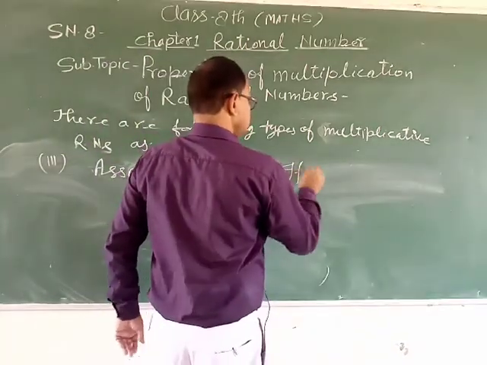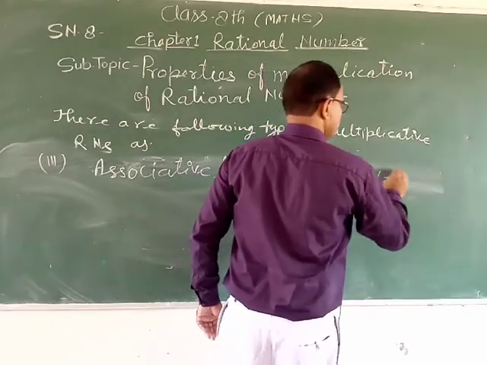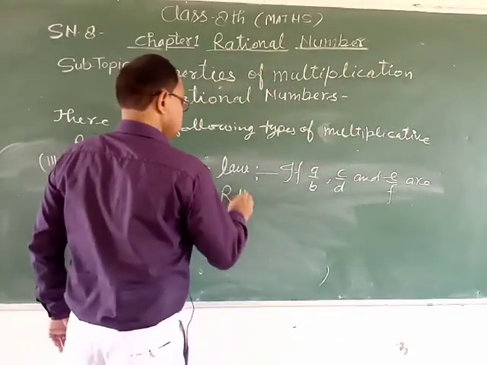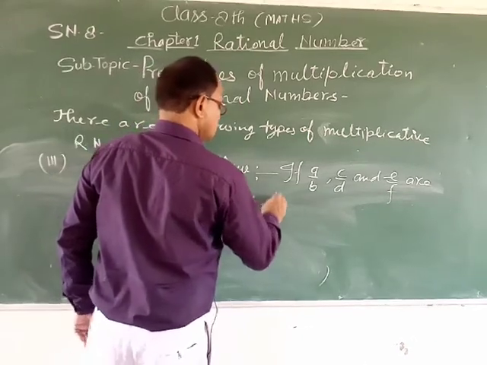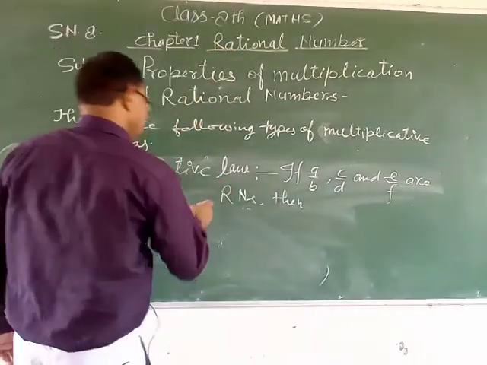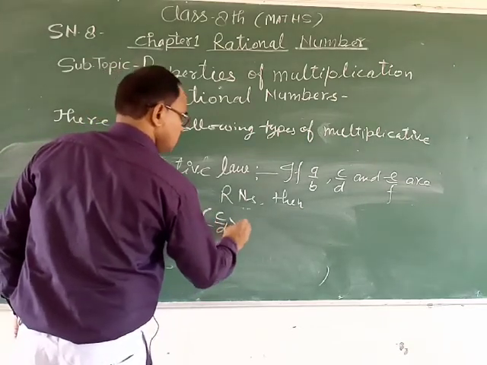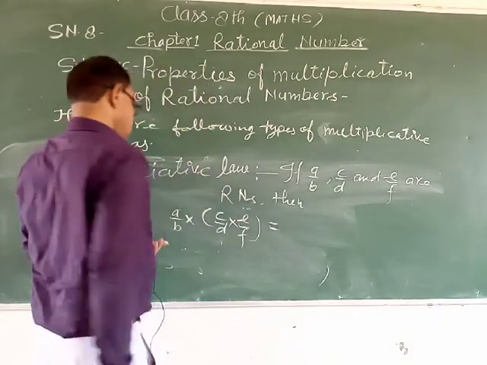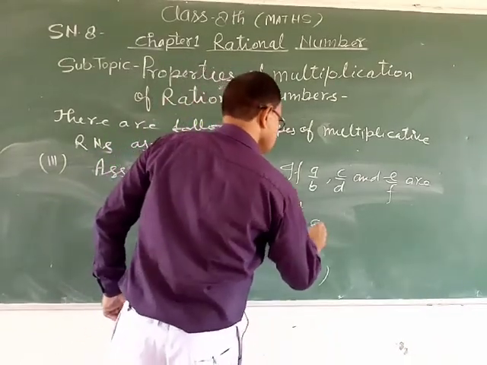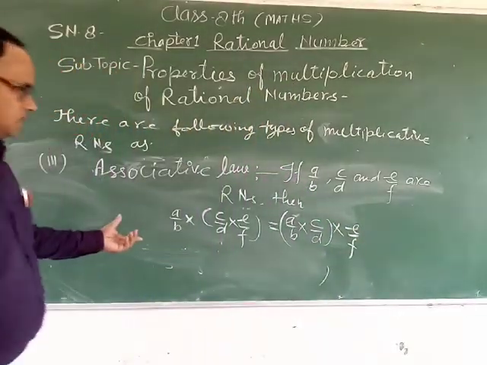If A by B, C by D and E by F are rational numbers, then according to associative law we can write here A by B into (C by D into E by F) is equal to (A by B into C by D) into E by F. Okay, student?